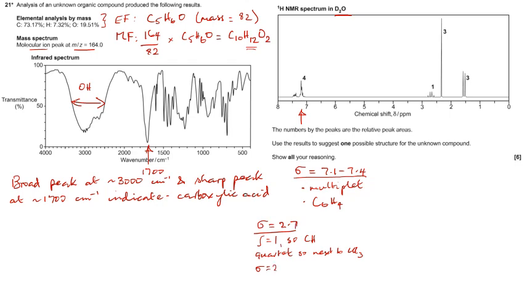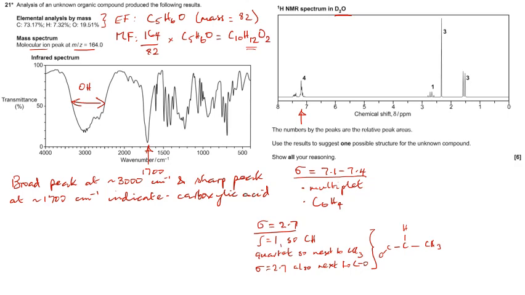So the shift of 2.7 means it's also next to a CO. So we're going to put that information together, and we're going to get our CH next to a CH3, also next to a CO. It's probably the CO of our acid group, so I've just drawn it at that angle just now. Let's leave it at that just now, because that's all the information we can get from that peak.